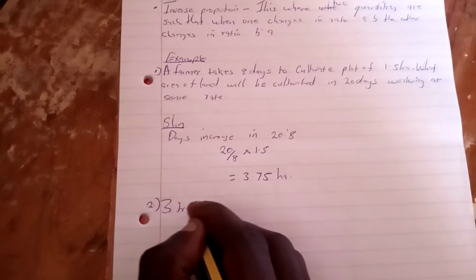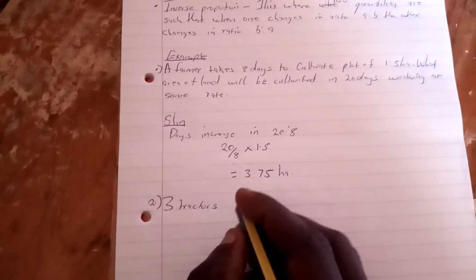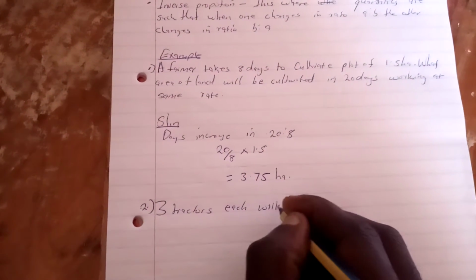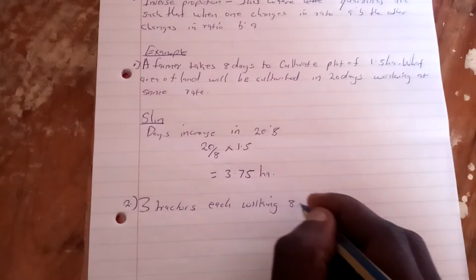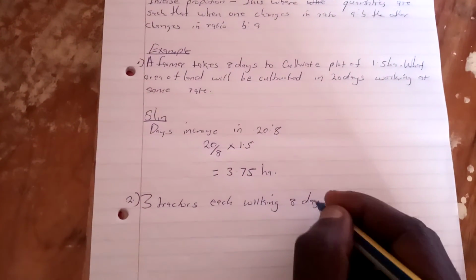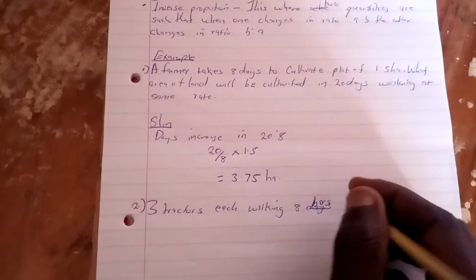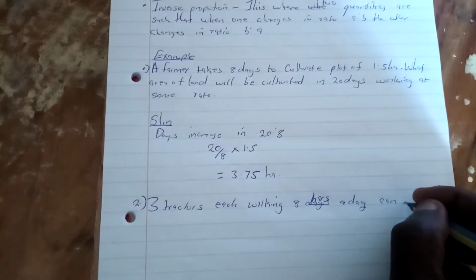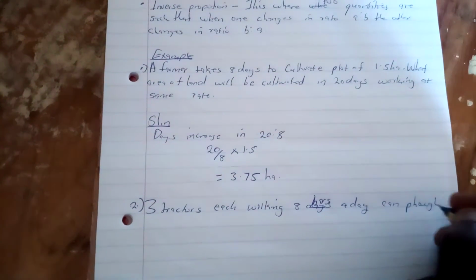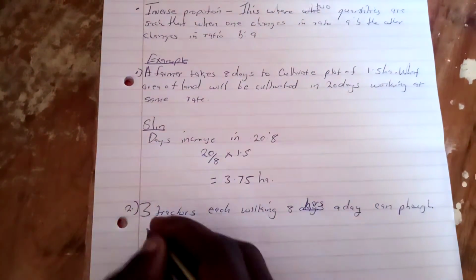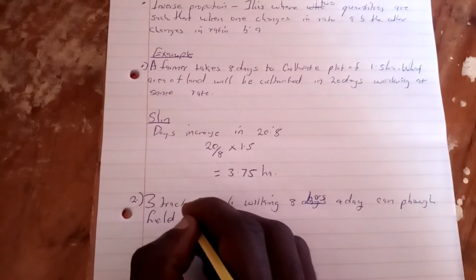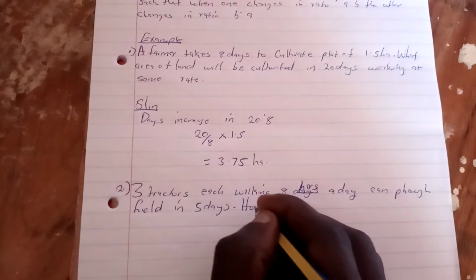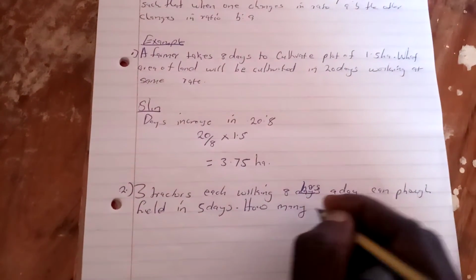Okay, and then another question will be, that is question 2. Three tractors, each working 8 hours a day, can plow a field in 5 days.